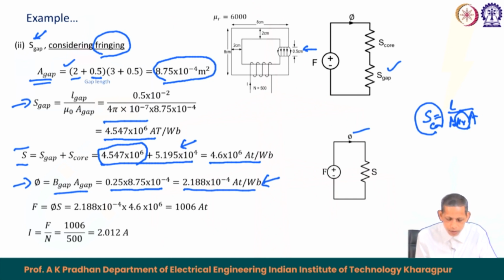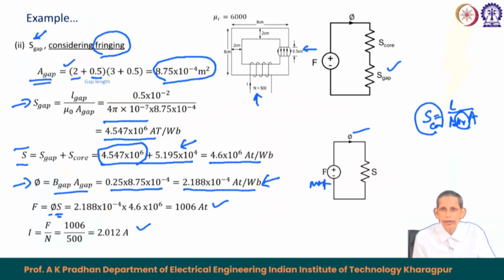So, F, the MMF supplied, equals the equivalent S into this phi. That becomes equal to 1006 ampere turn. So, we take the MMF divided by N, 500 here, and that gives us the current to be 2.012 ampere. So, once you inject 2.012 ampere, the air gap flux will be maintained as per the question asked here.